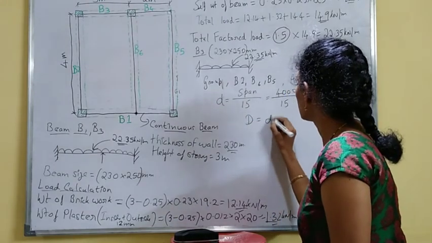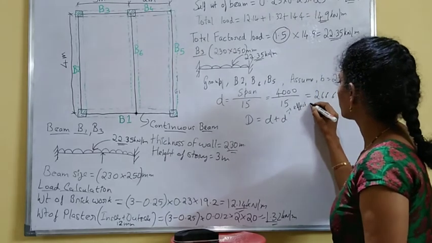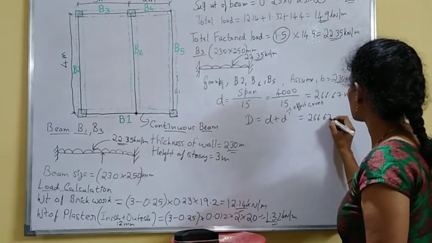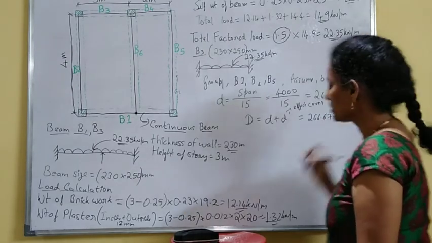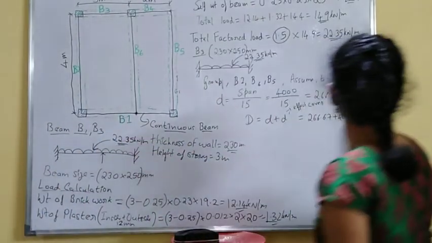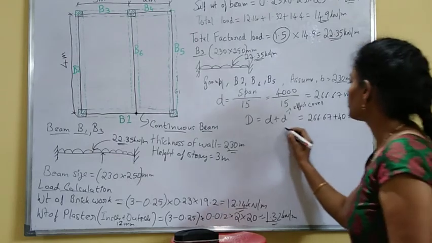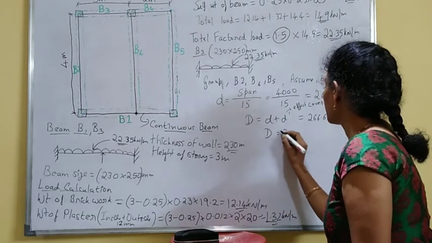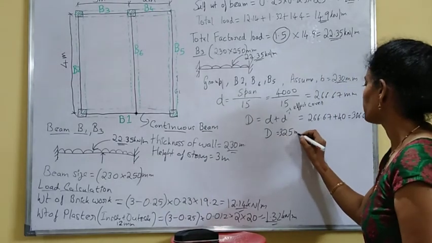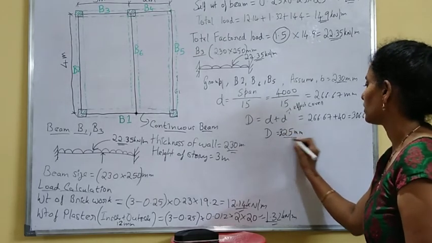Overall depth is nothing but d plus d dash, this is the effective cover. 266.67 plus 40 or 50, it will be around 306.67 mm. Round it off to the next 25 number, round it off to each 25 mm. So here 306, next 25 mm is 325.